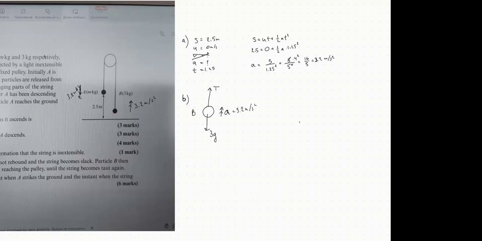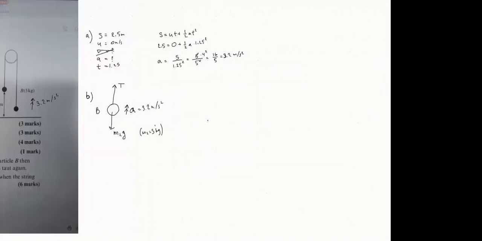Okay, let me just not do 3G. Let's make it M2G. And of course I know that M2 is 3 kilograms. Okay, Newton's second law: mass times acceleration. So M2A is equal to the resultant force, and the resultant force is T minus M2G.